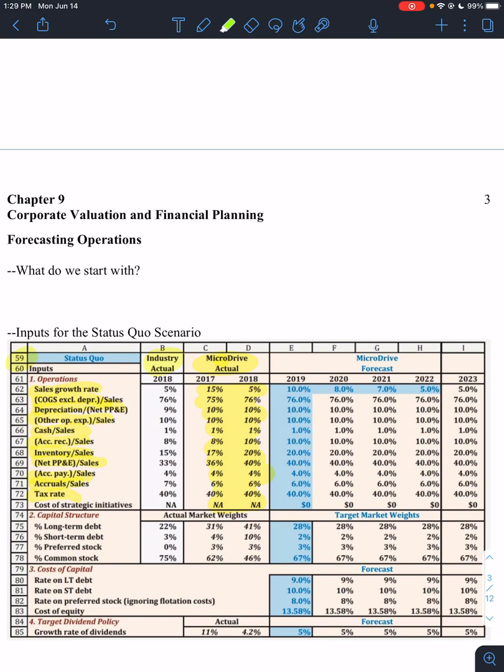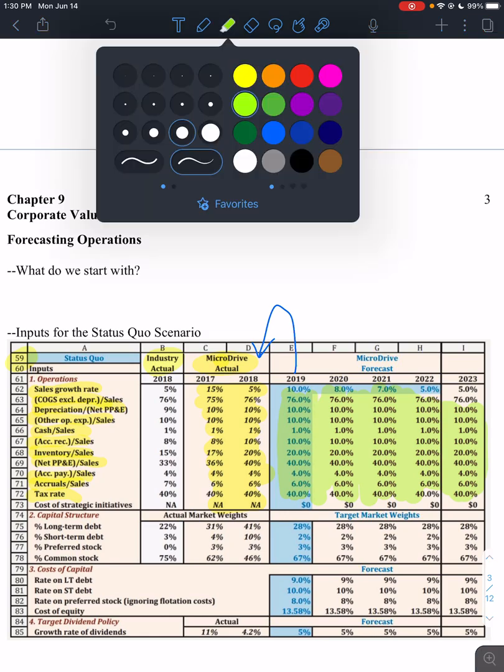And so if you notice for most of this, it stays the same. That is just all based off of these 2018 numbers, right? They're like, hey, this is what our ratio was in 2018. It's probably what it's going to be over the next 5 years too. The only one they didn't do that for, notice, is for sales.